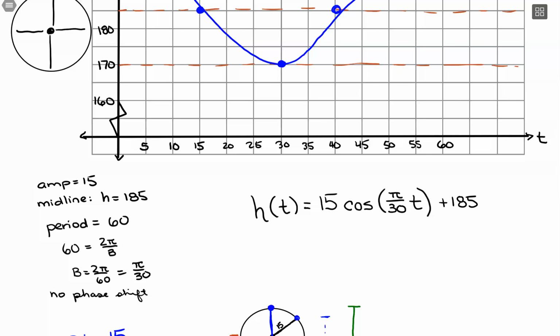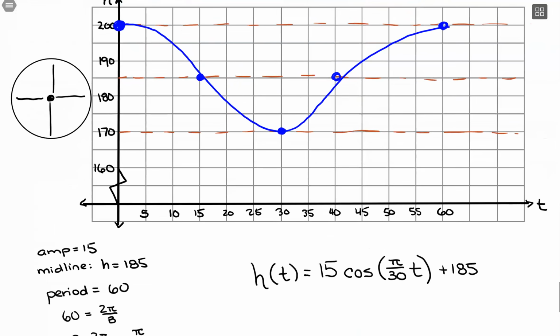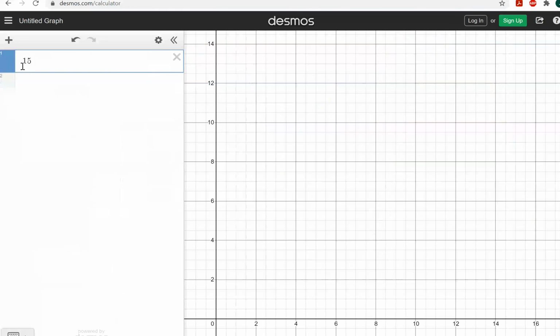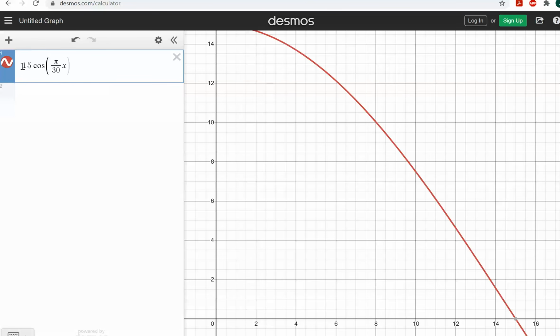Then let's check our answer. What I'm going to do is keep in mind the axes I set up there, because I want to see something similar. So, we're going to plug in 15 cosine of pi over 30 with our variable, and when your variable's t in Desmos, always type it in as x, and that's true of calculators as well, and then plus 185.